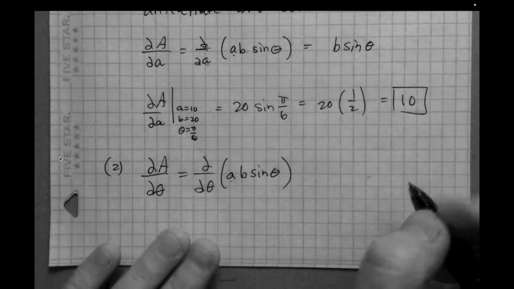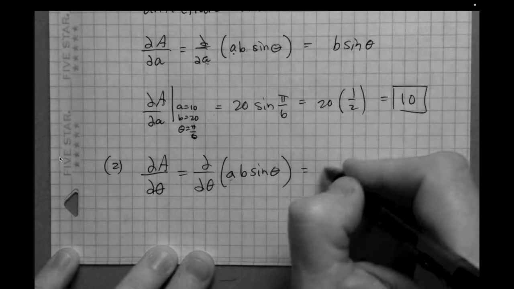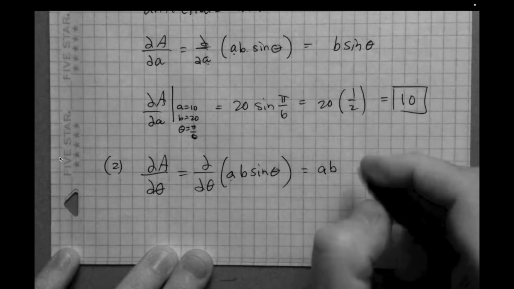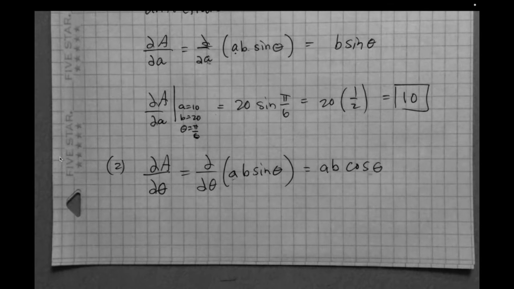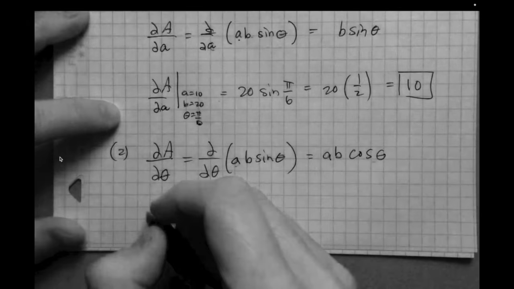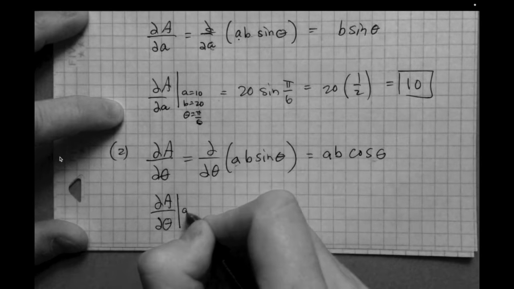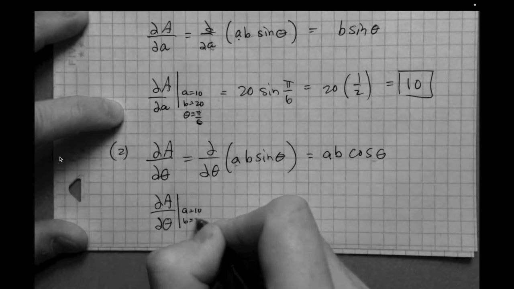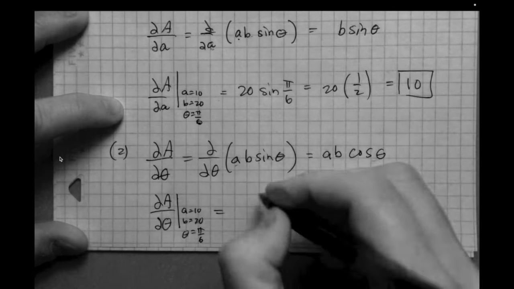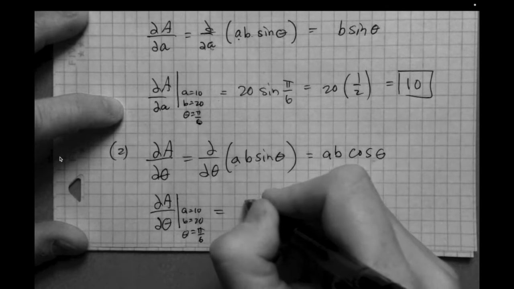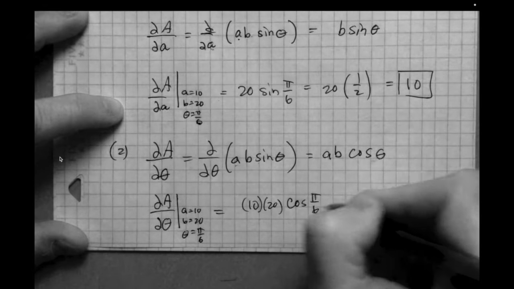So the derivative of sine is cosine, right? So this would be A times B times cos theta. Okay, and then evaluating this at A equals 10, B equals 20, theta equals pi over 6, we would get 10 times 20 times cosine of pi over 6.